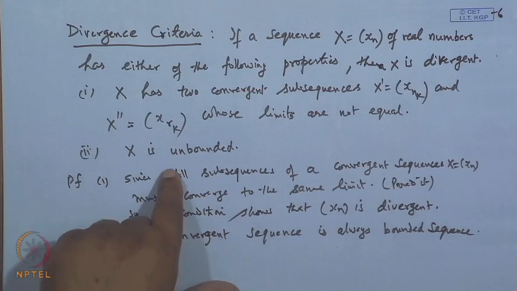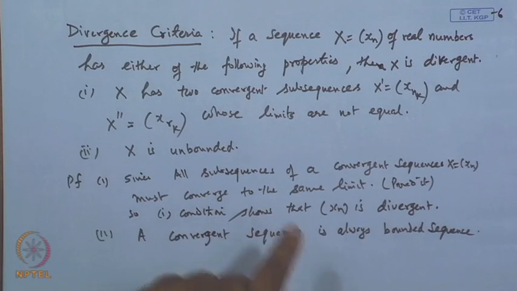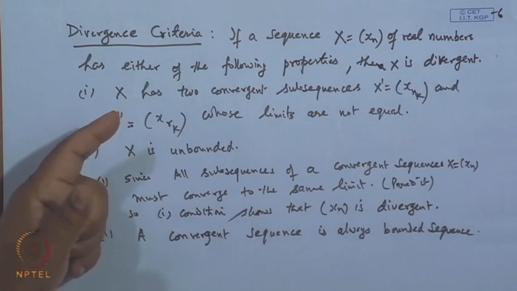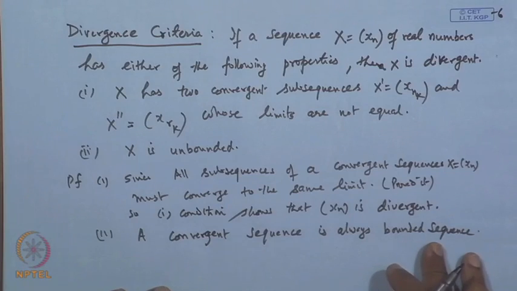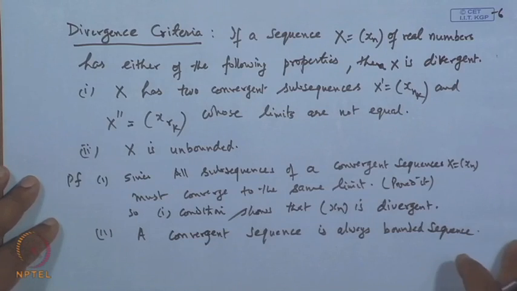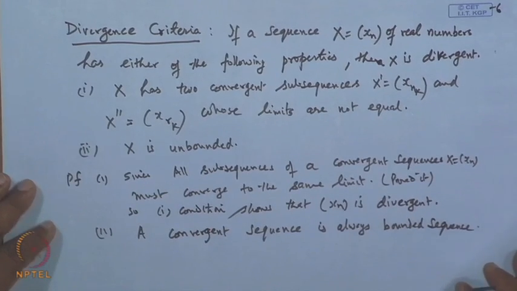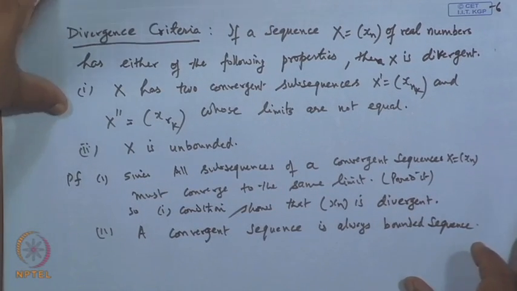Now, here we are not saying boundedness implies convergence, because even a diverging sequence may be a bounded sequence. What we are saying is a convergent sequence will always be a bounded sequence. So, once it is unbounded, definitely that sequence will be a diverging sequence. So, that proves it. I think we have already taken examples for this criterion.